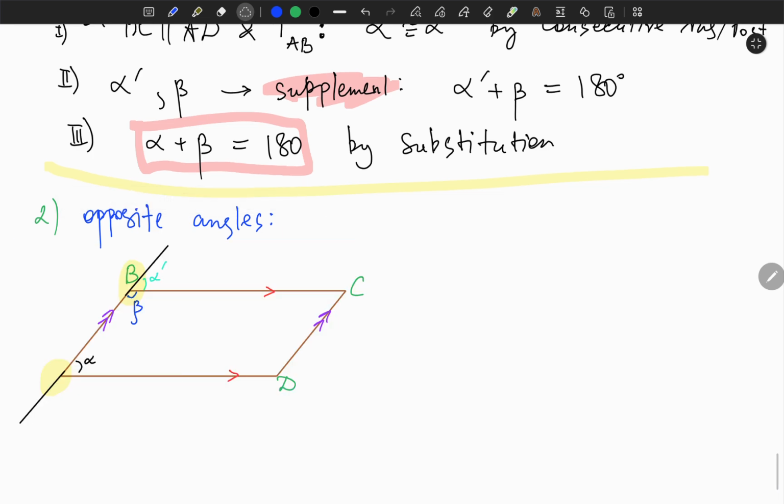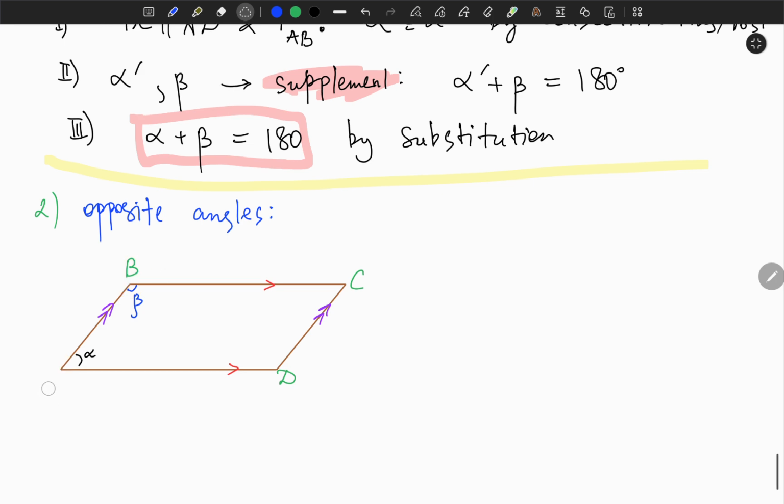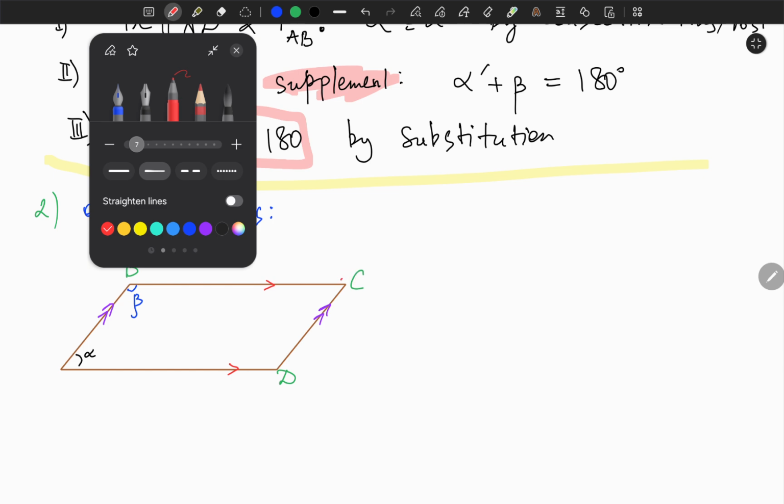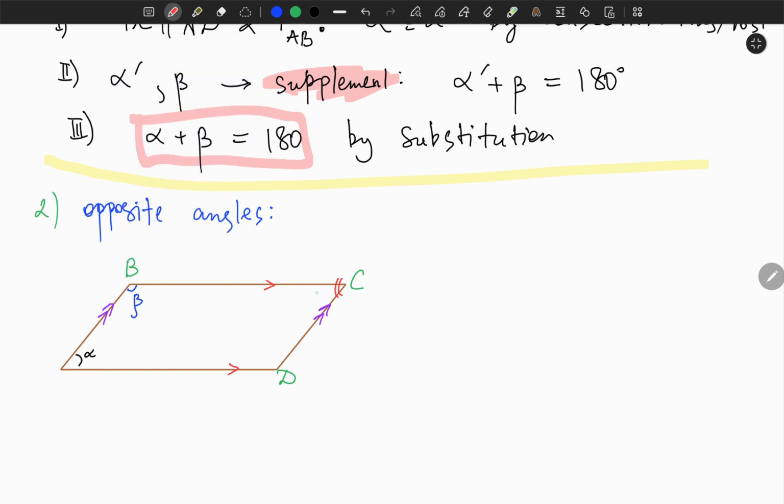Here I will remove this part. We're going to work with three angles: alpha, beta, and gamma. This angle is gamma.